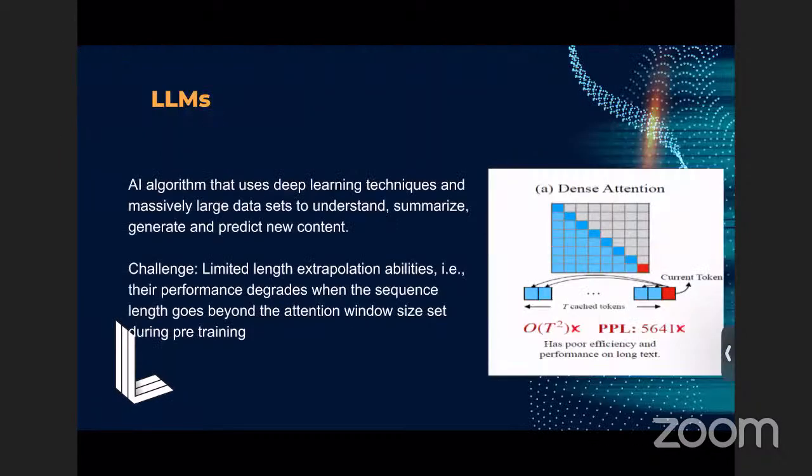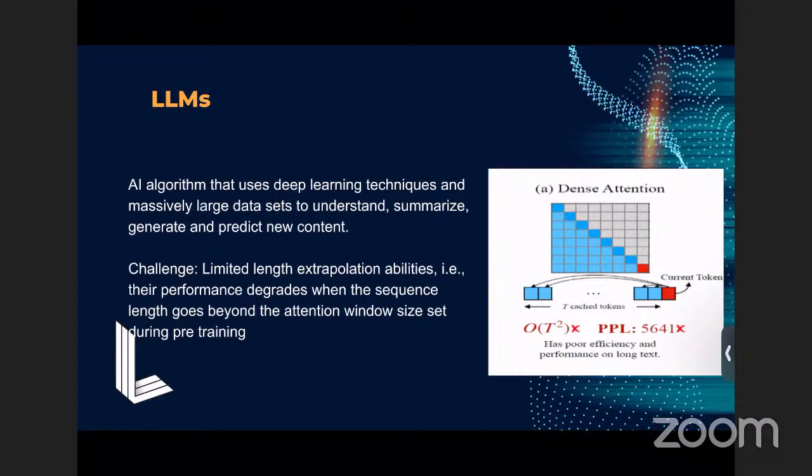So we'll be introducing LLMs. As we all know, large language models are the AI algorithms that use deep learning techniques to process data to understand, summarize, generate, and predict new content. But the issue with using large language models is that they have a limited length extrapolation ability.